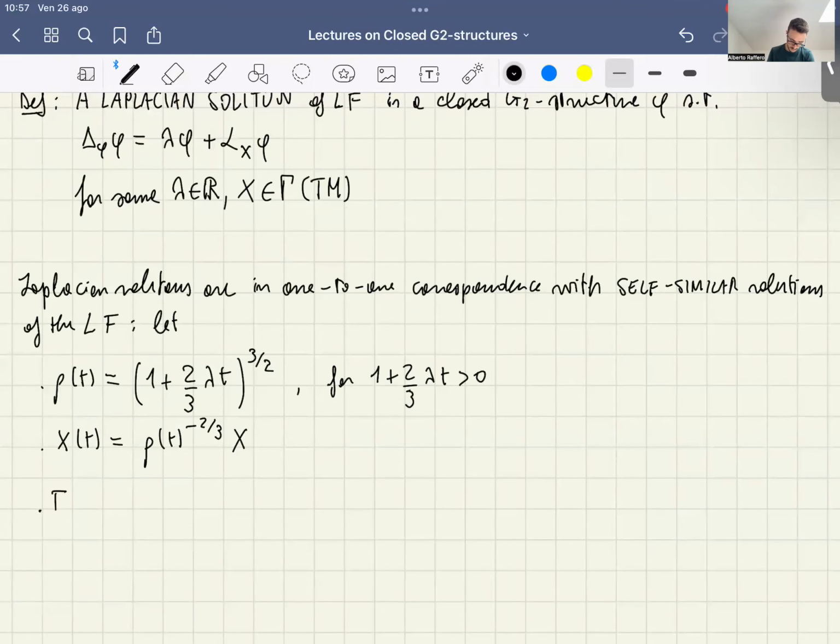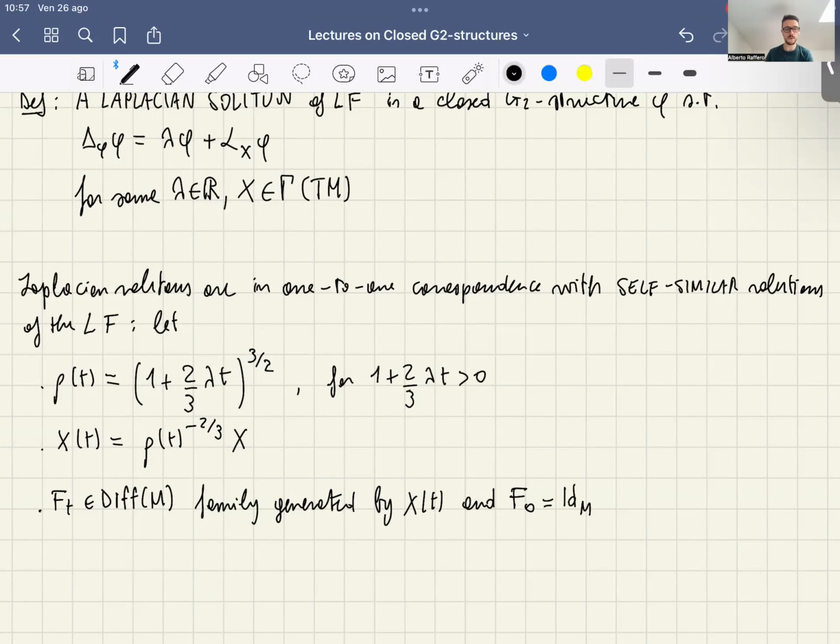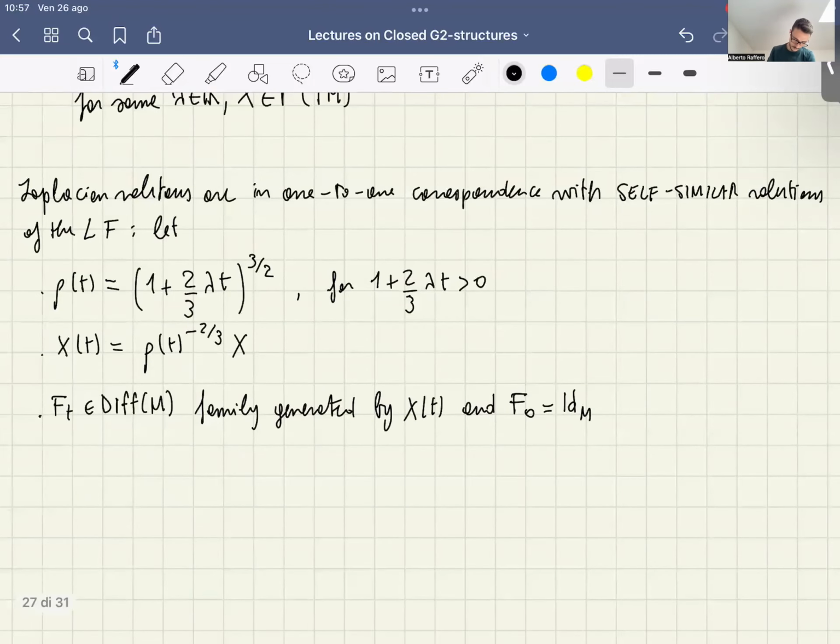And you consider F_t, a family of diffeomorphisms of the manifold that is generated by X_t and is such that at time 0 it gives you the identity of the manifold.